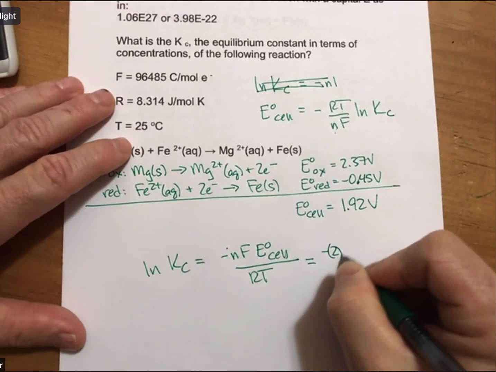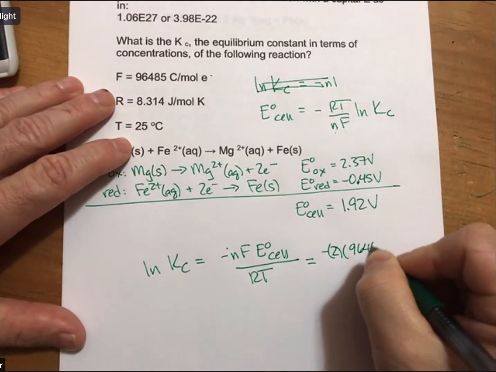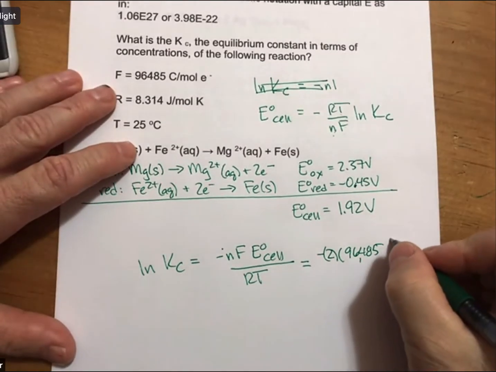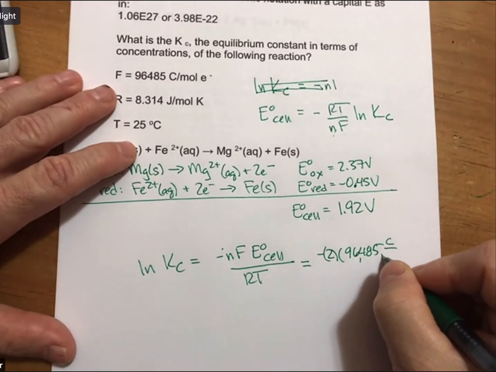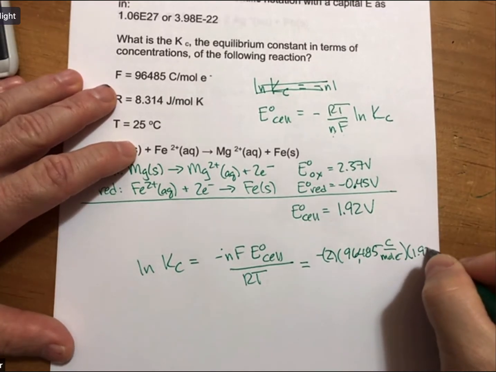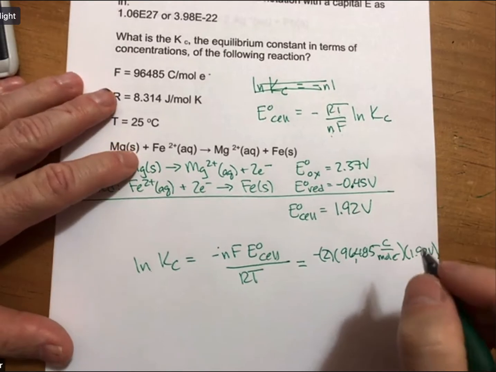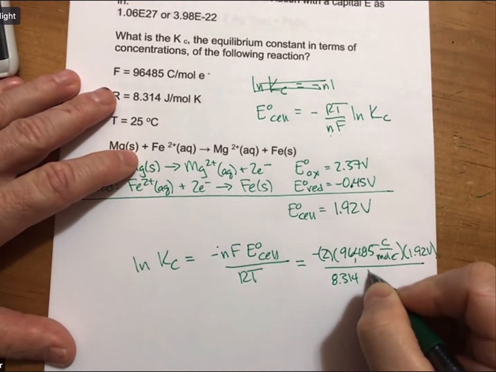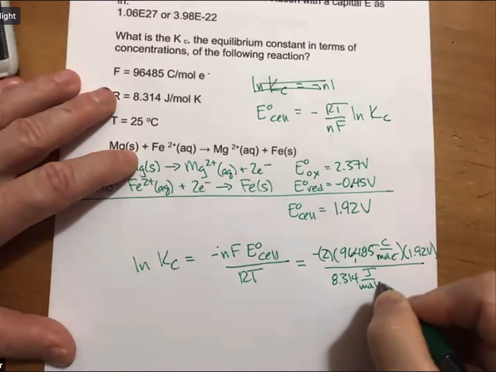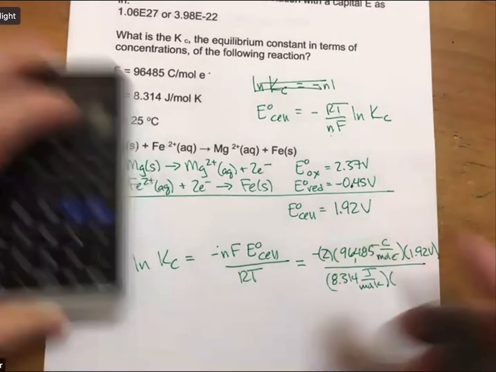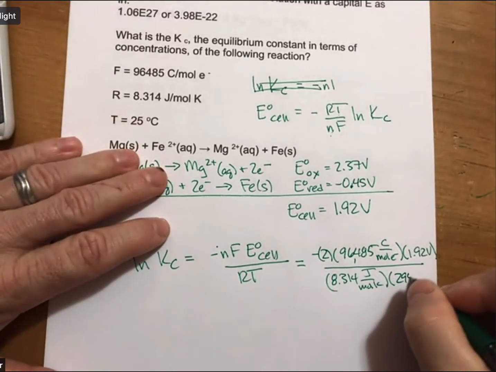Minus 2 times 96,485 coulombs per mole of electrons, 1.92 volts. And my temperature, 25, is going to be 298 Kelvin.